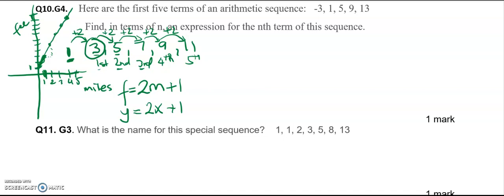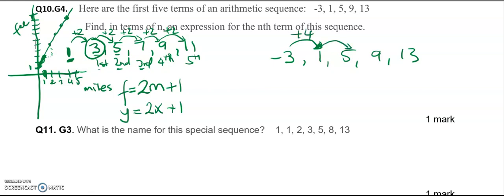So how are we going to do this now with the example that we have? Because we have -3, 1, 5, 9, 13. So let's see what's happening from one term to the other. What are we adding or taking away? So to go from -3 to 1, we add in 4.